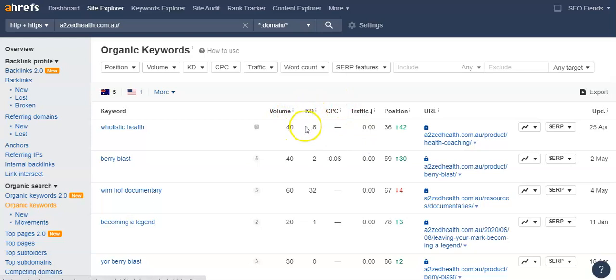This KD, which is important, is keyword difficulty, and that's 0 to 100 as well. And keyword difficulty basically means how hard or how easy it is to rank on Google for this word. Okay, a 6 is achievable, but we like to go from 0 to 3, because we know that we can get you traction a bit earlier.